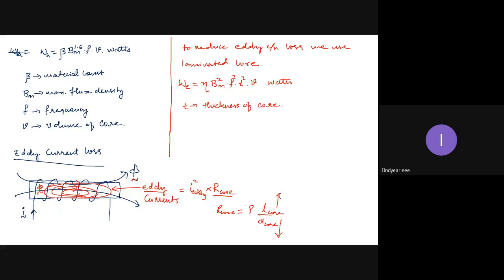But what I can do, instead of using a solid core, I will use a laminated core. Say for example, let the requirement of the core thickness, suppose this is a core.